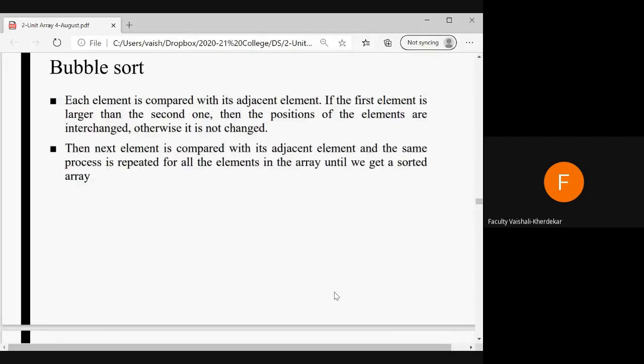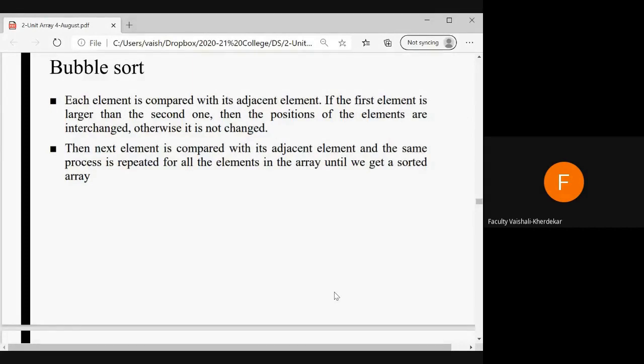Bubble sort means what? In bubble sort, each element is compared with the next adjacent element. Next adjacent element means what? For example, in an array, there are numbers.